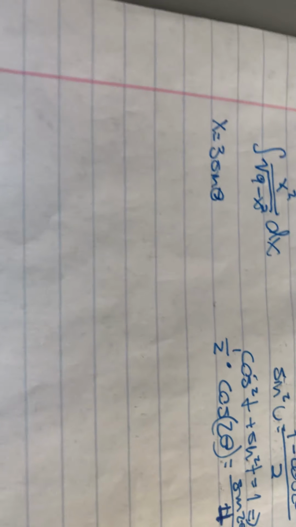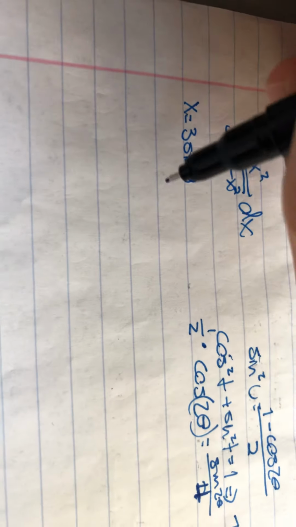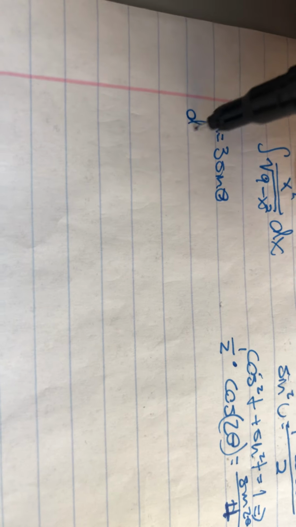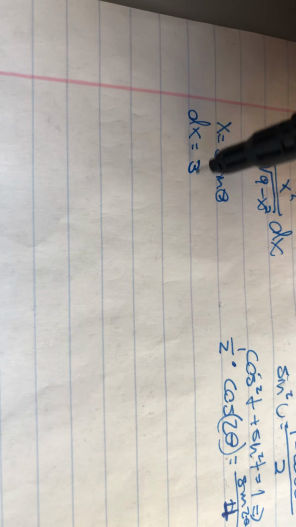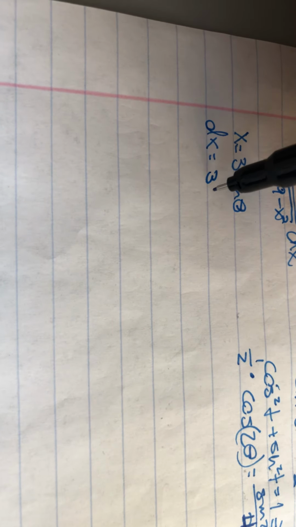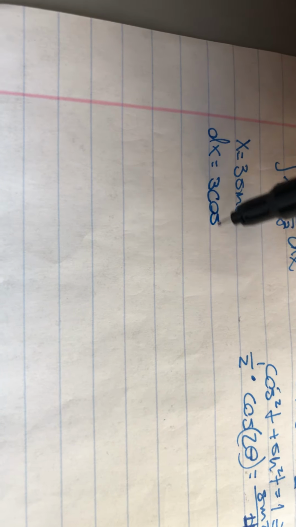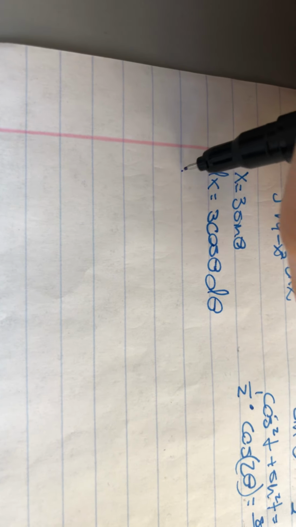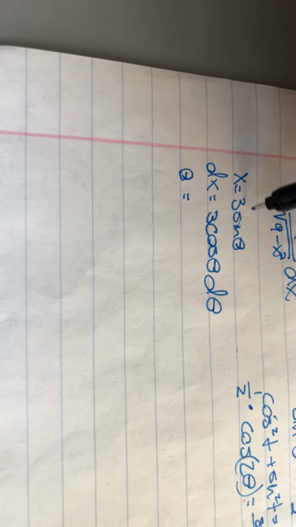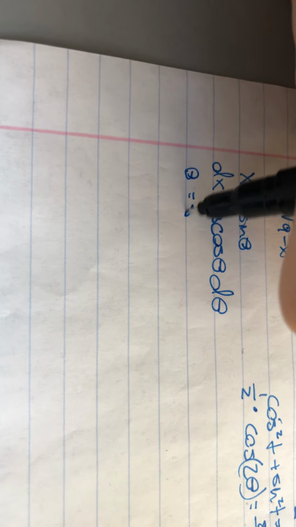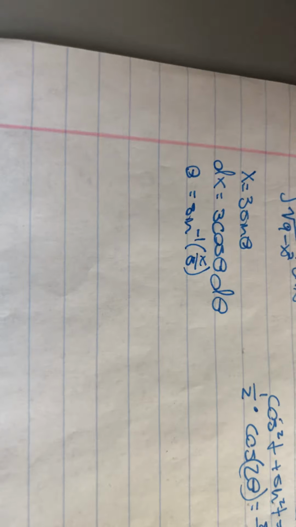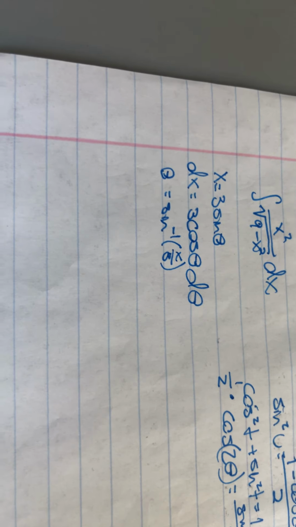That way, we will have dx equals 3 times the derivative of sine, which is cosine of theta, d theta. And now we'll also have theta equals sine inverse of x over 3.